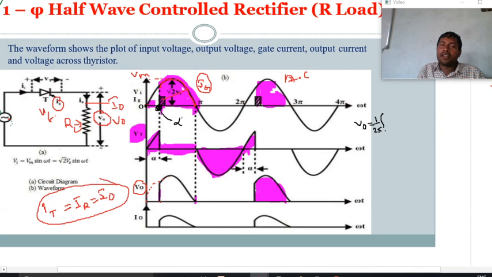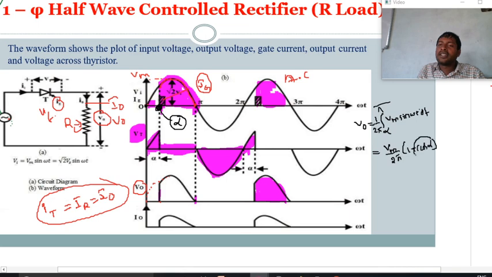So the output is available from alpha to pi only, of Vm sin omega t dt. If you integrate this, we will get Vm by 2 pi into 1 plus cos alpha.